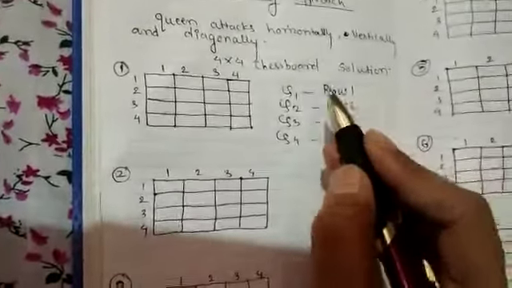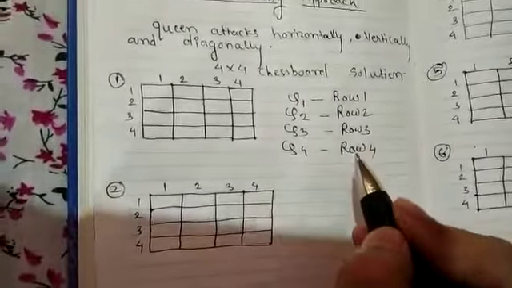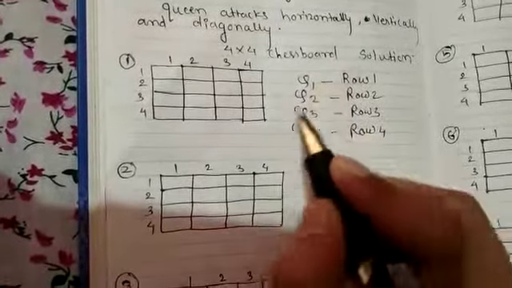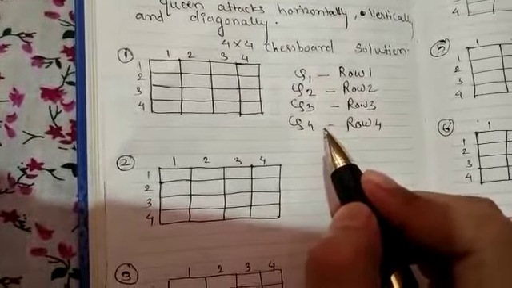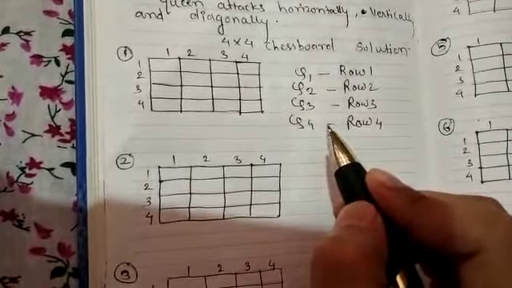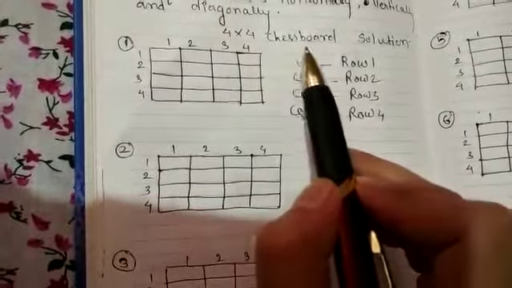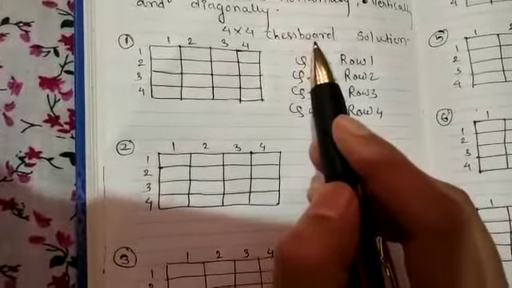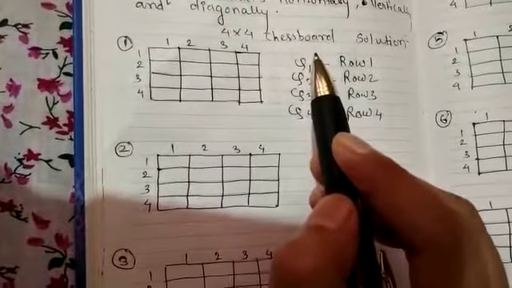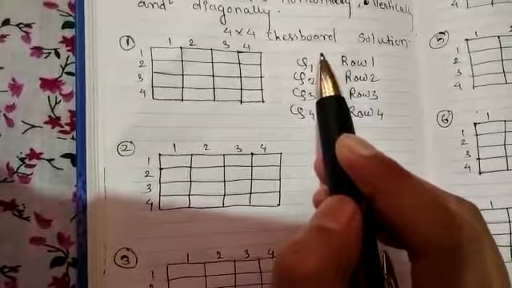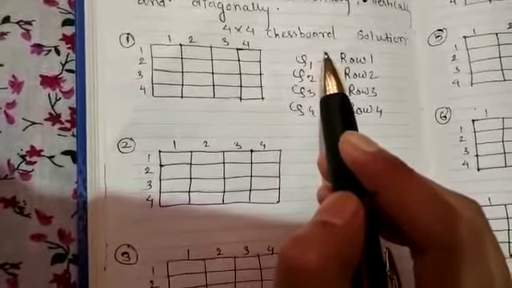The reason behind this condition is, as we have already seen in the previous video, if we try to find the possibilities of placing 4 queens on a 4 cross 4 chessboard, there are many possibilities, and if you start checking all of them, the time complexity of the program will be very high.